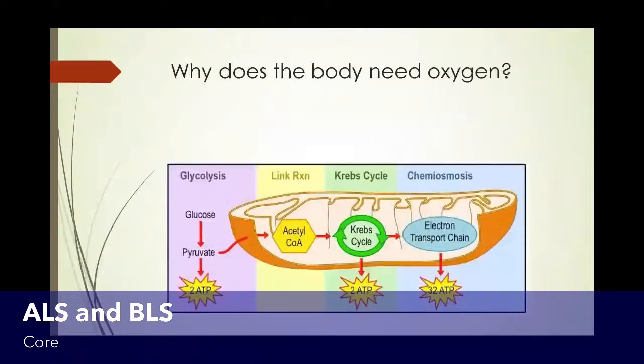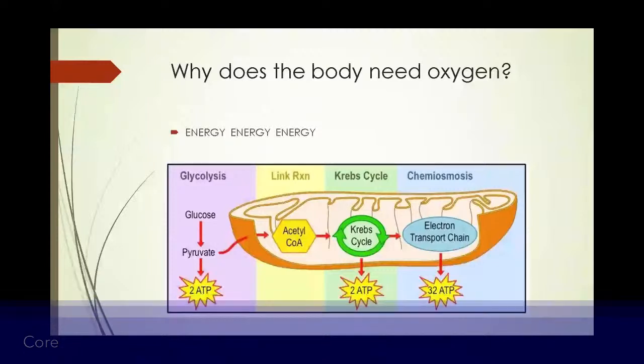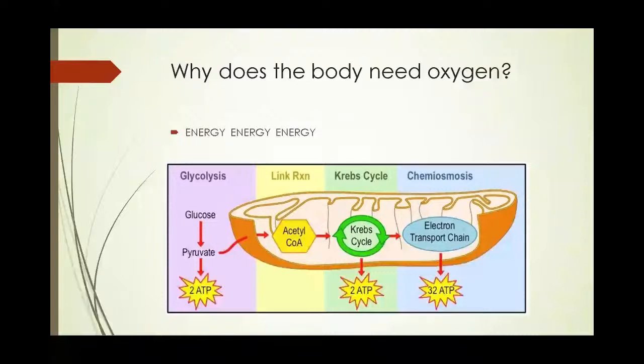So, I guess the first question you should ask yourself is why does the body need oxygen? And the answer to that is energy. All of our cells require oxygen to produce energy, just like our vehicles can't burn their fuel without oxygen. Our body can't break down glucose efficiently to produce energy without oxygen.